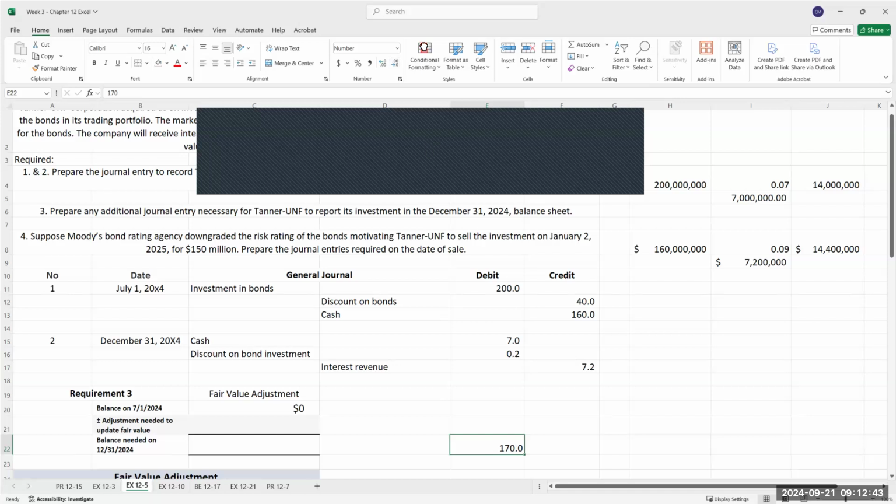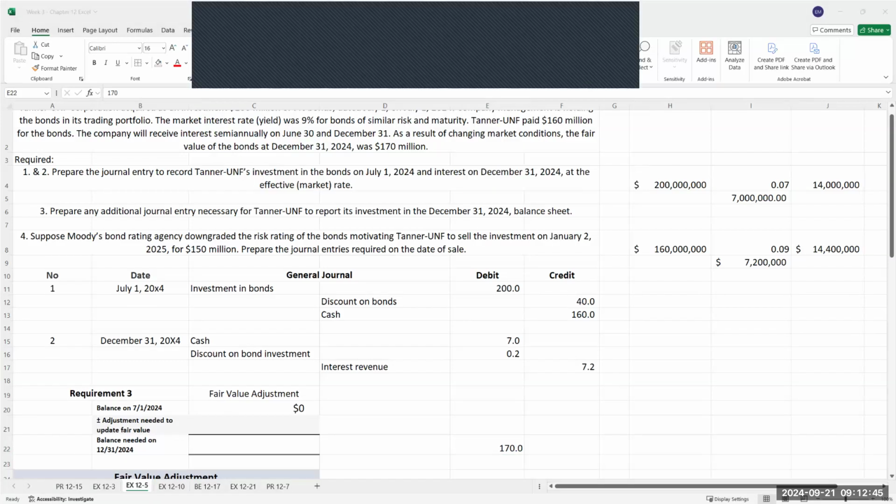All right, but then the next thing we need to factor in is, well, what is the current value of the bonds? And how would we determine it? We'll determine it as follows. So the face value is 200 million.